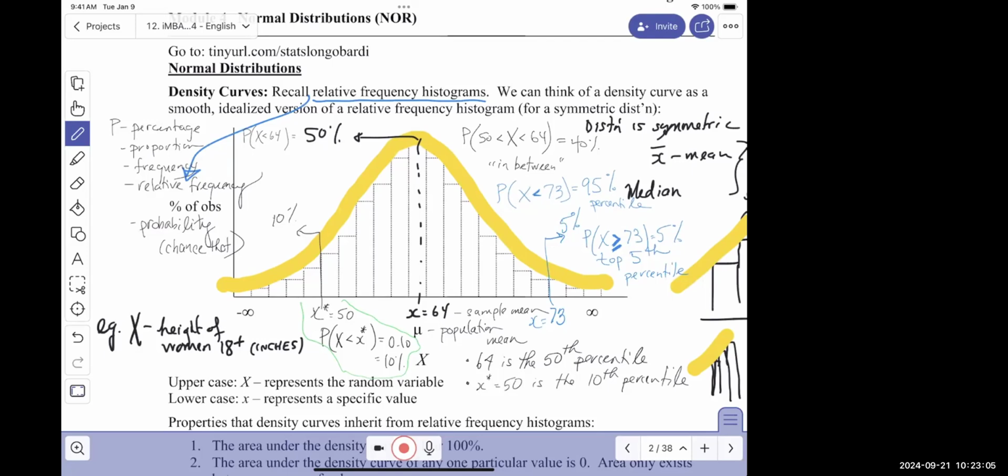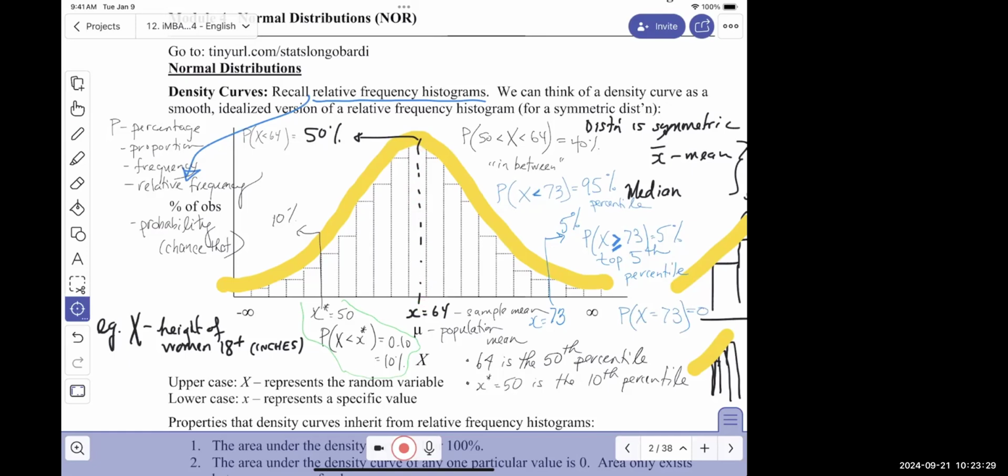It does stay the same because, so some books will write the equals. I'm just going to leave it like this for now, but it doesn't matter because why? Because what I'm saying is x equals 73 is equal to 0. There is no density, there is no area at a single value.